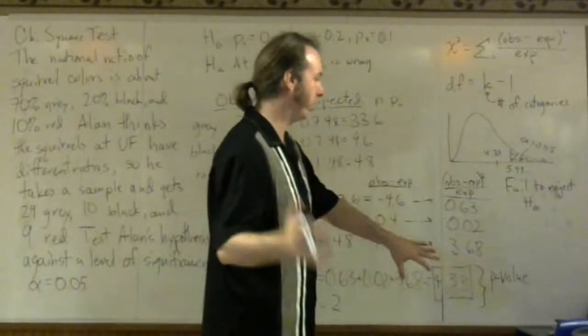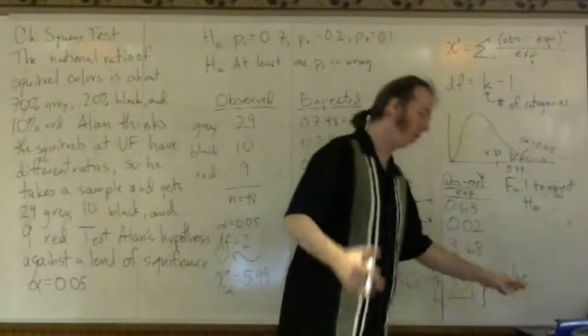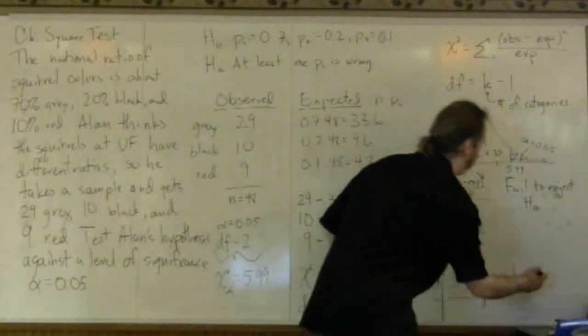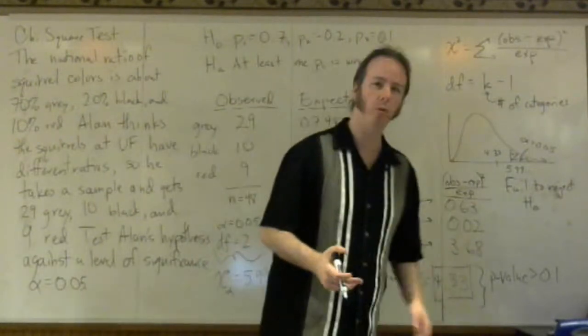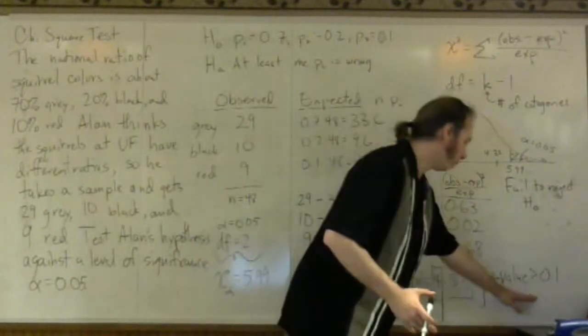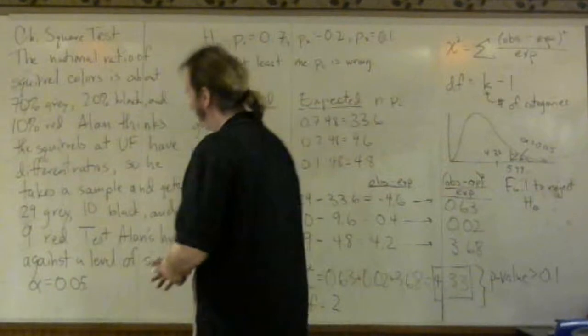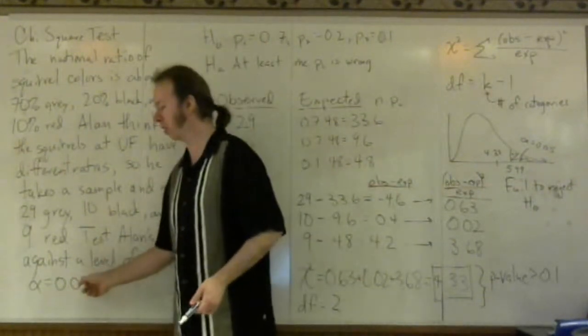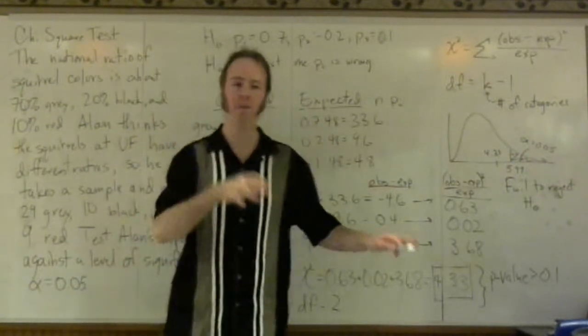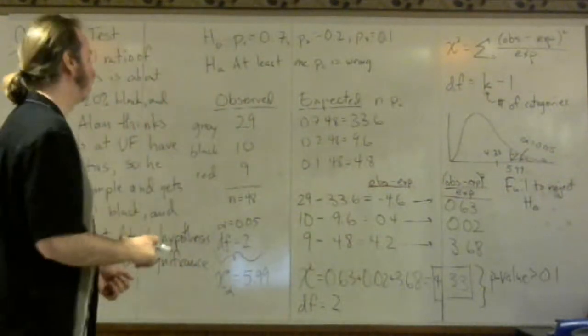For the chart I used, I couldn't get very much accuracy out of it, but it did say that my p-value would be greater than 0.1. So since my p-value is greater than 0.1 and my alpha is at 0.05, I know my p-value is more than alpha, and again I fail to reject that null hypothesis.